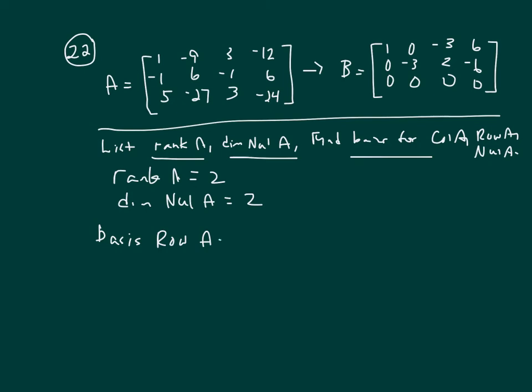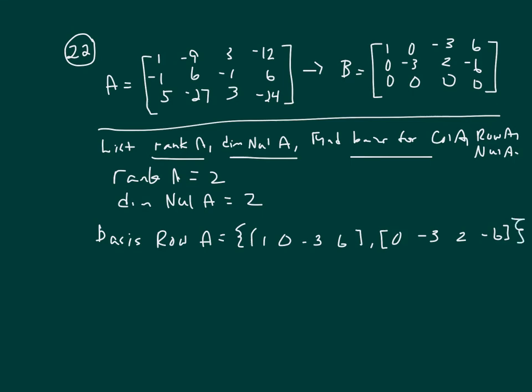And so the basis for the row space of A is just given by, and remember, a row space consists of linear combinations of the rows, and so we'll list these as horizontal vectors, and we would say the basis of the row space of A is given by the linearly independent rows, and those come from the reduced form.